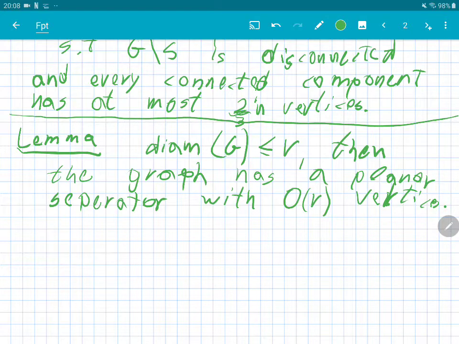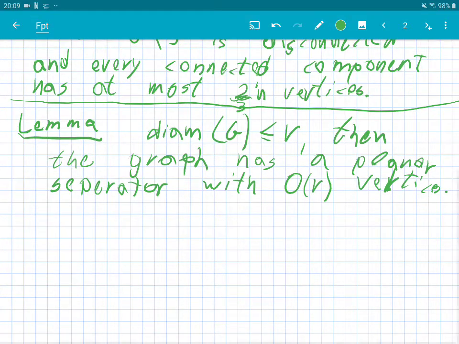Intuitively, this proves the above theorem if the diameter of the graph is square root n. And the proof is easy once you've seen it once.